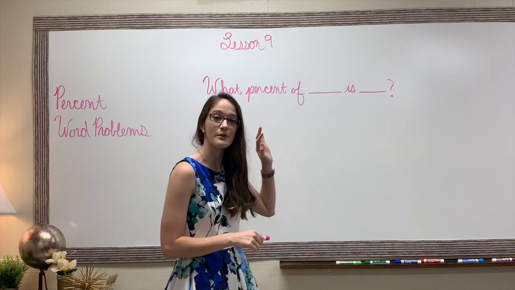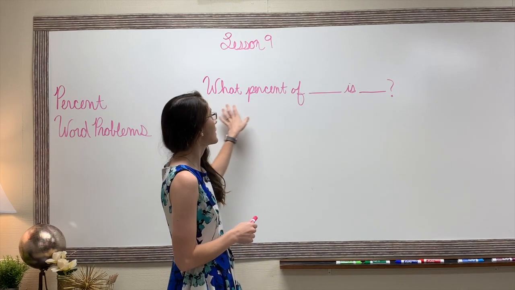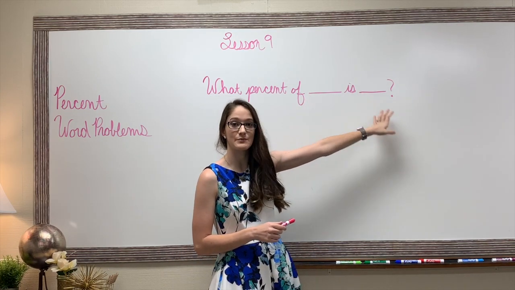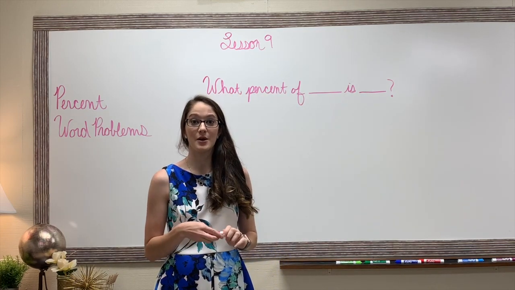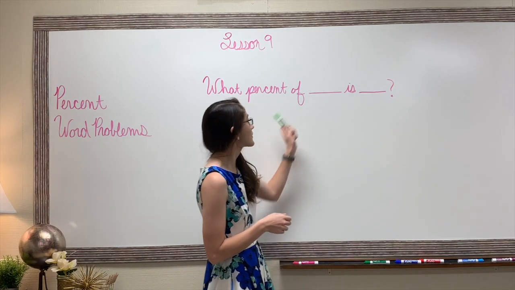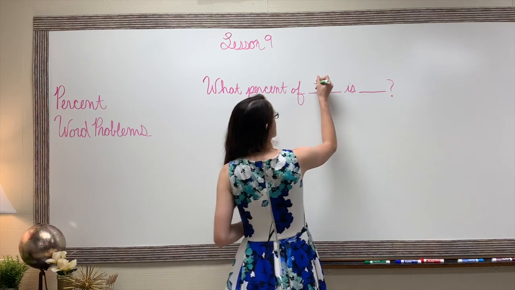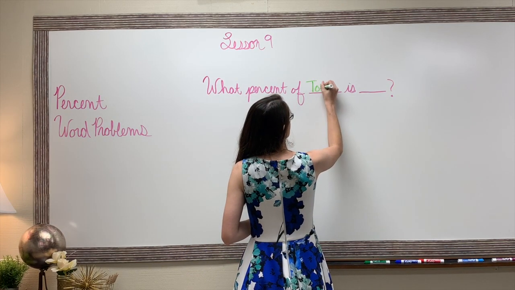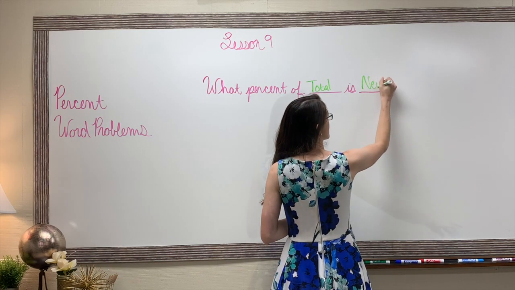And so I just wanted to remind us, I know we did this 1 or 2 lessons ago, but what percent of blank is blank? That's really the statement that we're looking for to help us set up our equation. And just a reminder, when we're looking at this, what percent of, this blank is going to be our total. And this part is going to be the new.